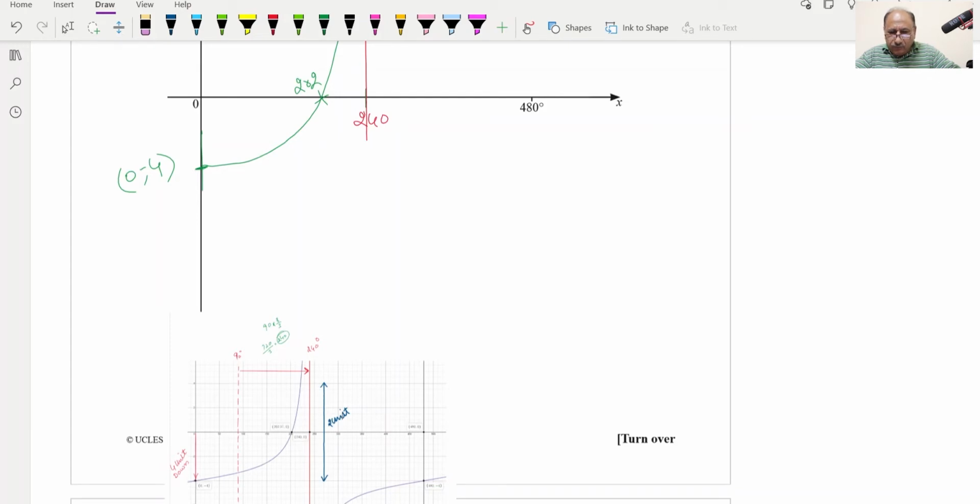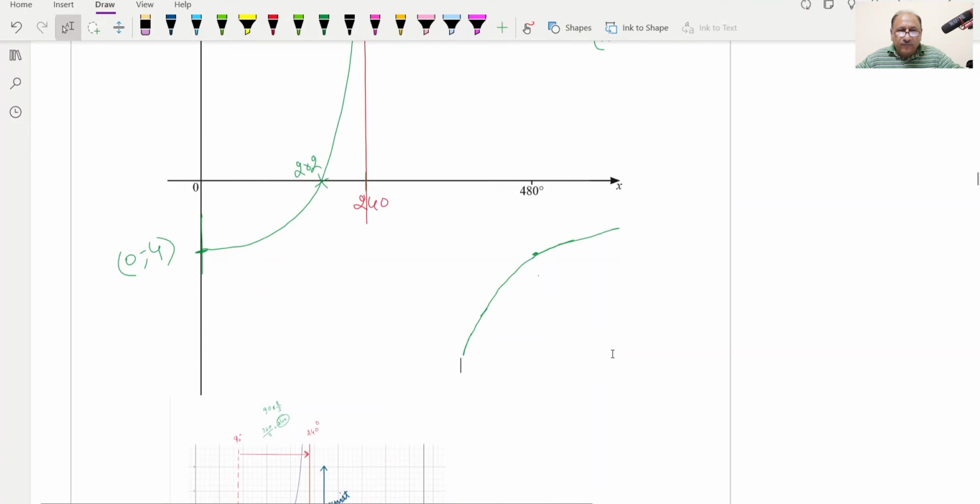If this is the 480 line, then from here 4 units down will be at this location, and our curve will be bending like this one. So one curve will be like this, we can show like this. So this is basically the final graph which we can provide for the exam.